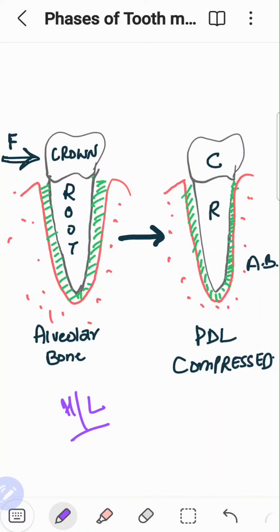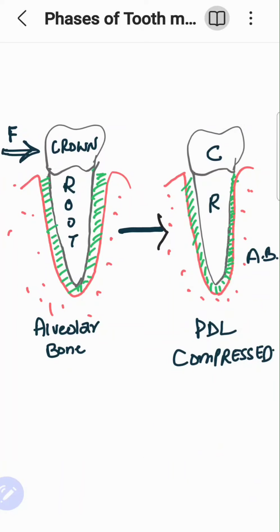In the very first or initial phase, whenever force is applied, the tooth moves within the periodontal space. As you can see here, two sides have been described: one is the tension side, another one is the pressure side. Whenever some force is applied, the tooth moves within the periodontal space itself.